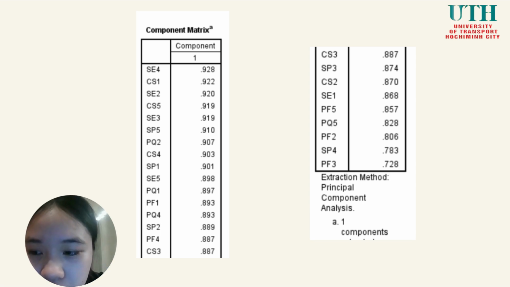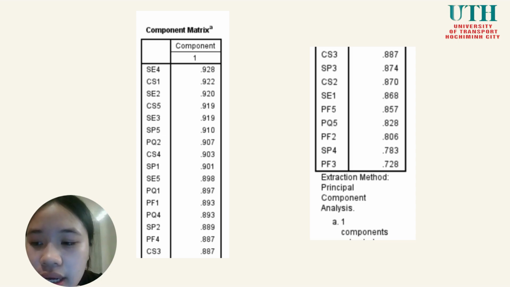This sole component explained up to 77.7% of the total variance, and all 24 items load heavily onto it. Because only one component was extracted, the factor matrix cannot be rotated.